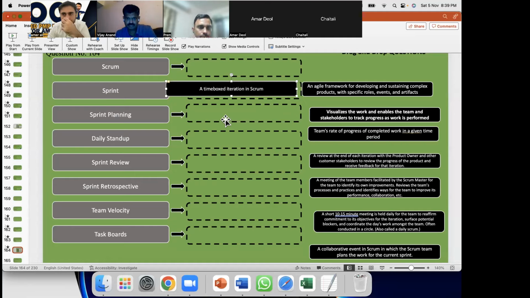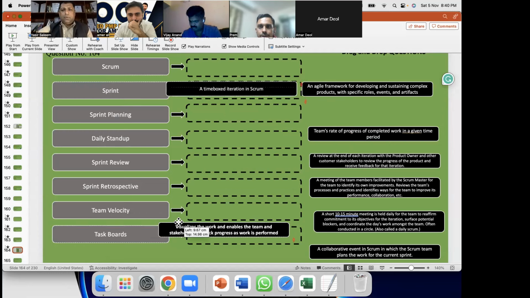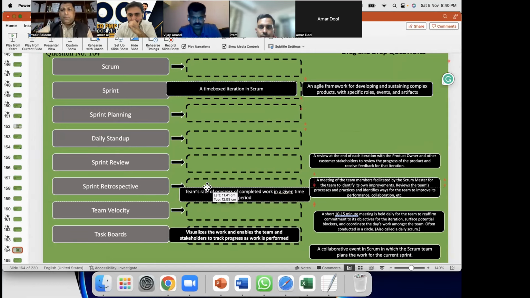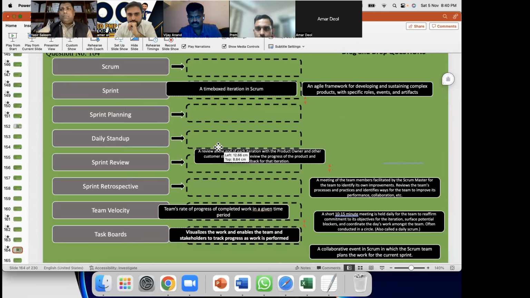Visualize means that will be some board, task board. Team's rate of progress of completed work in a given time period, that will be velocity. A review at the end of each iteration, the product owner and other customer stakeholders to review. So that will be sprint review.